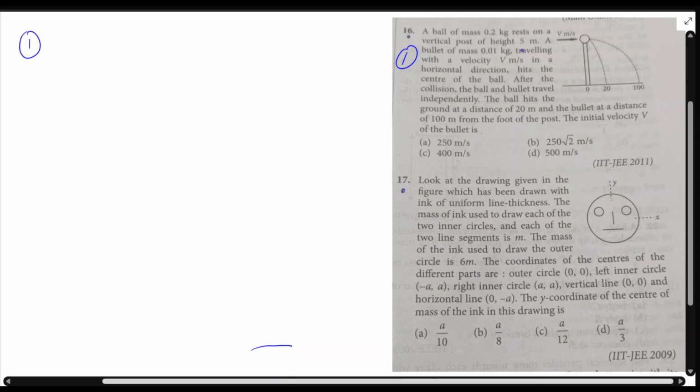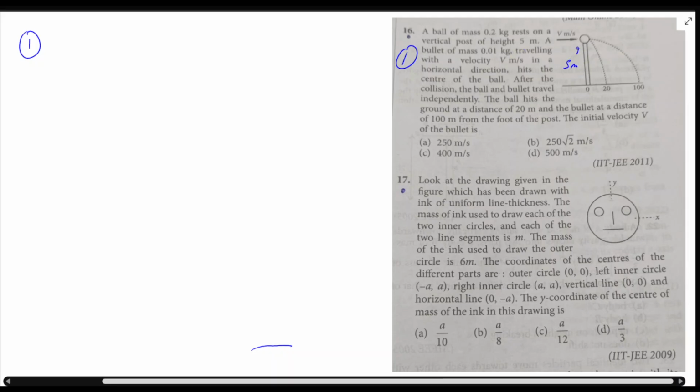This is a vertical post of height 5 meters. A bullet of mass 0.01 kg traveling with a velocity v meter per second in a horizontal direction hits the ball. After the collision, the ball and bullet travel independently. The ball hits the ground at a distance of 20 meters, and the bullet hits at a distance of 100 meters.